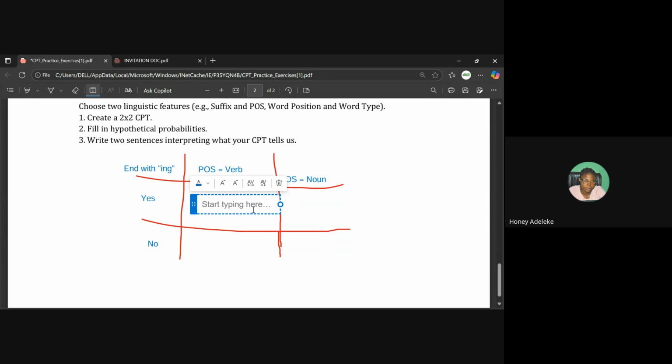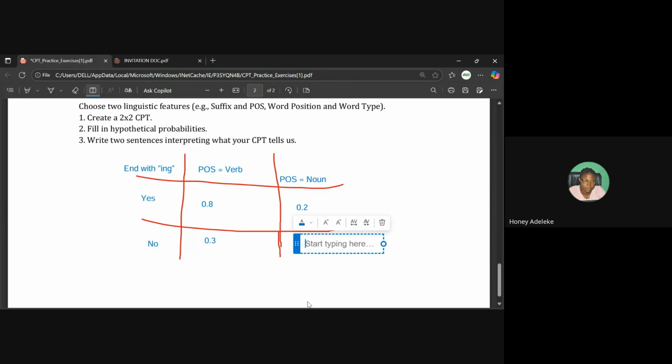Let's assume I'm giving this 0.8, this 0.2, 0.3, then here 0.7. The next thing is to write 2 sentences interpreting what your conditional probability table tells us.